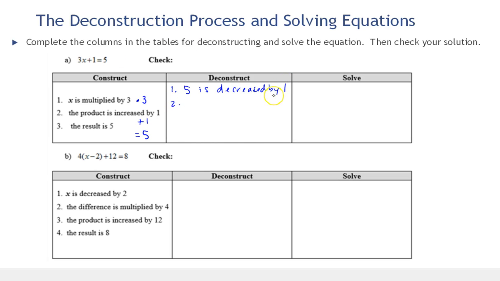Now, since we decrease, this is a difference. So now the difference is, well, we had multiplied by 3, so we're going to reverse that and divide by 3. So the difference is divided by 3. And our result is x.